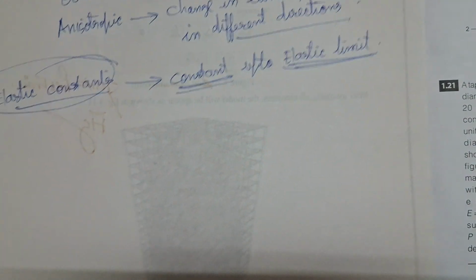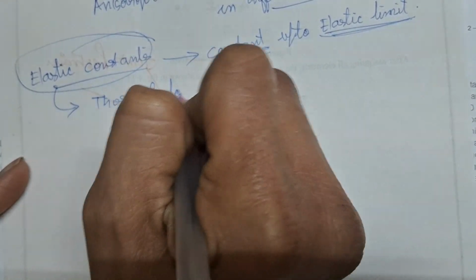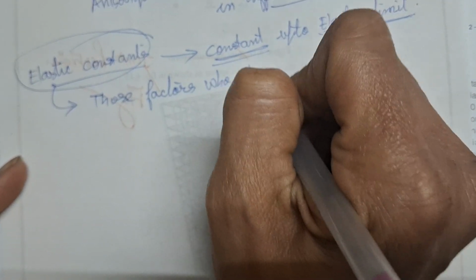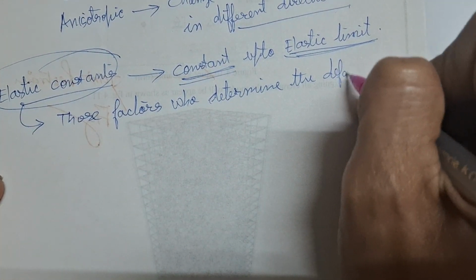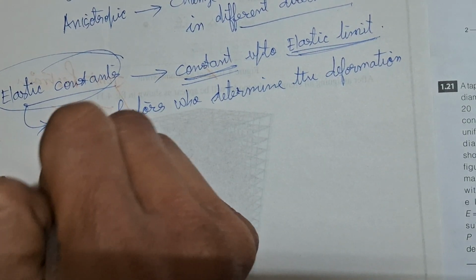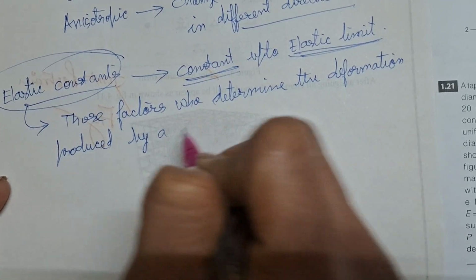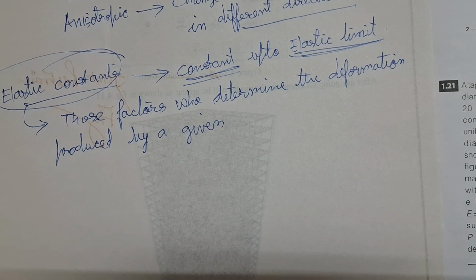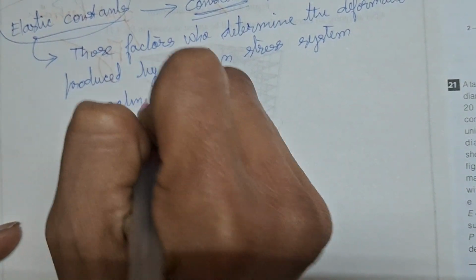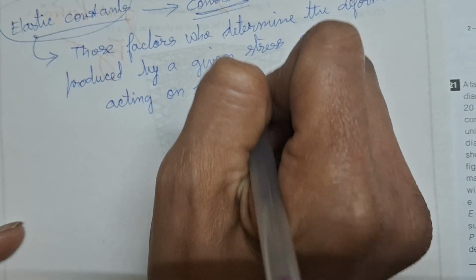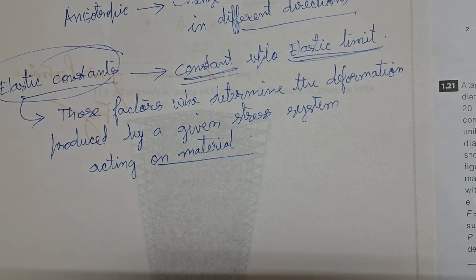Elastic constants are those factors which determine the deformation produced by a given stress system acting on a material. So this is the actual definition of elastic constants. Basically they are constants which are constant up to the elastic limit.